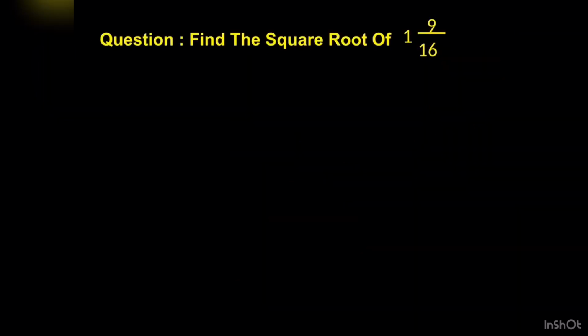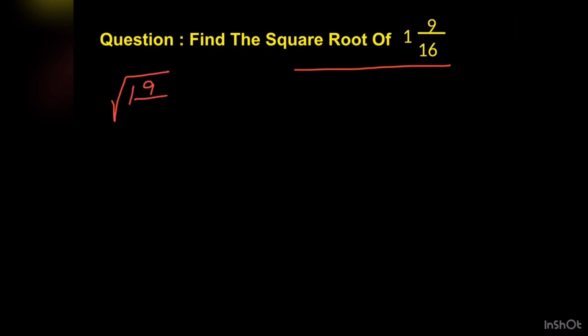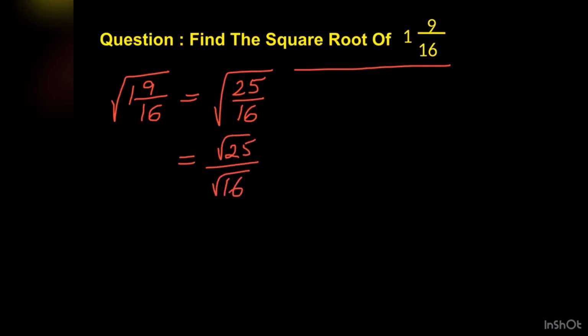Let us look at one more example. Find the square root of 1 9 by 16. Here we see that 1 9 by 16 is a mixed fraction. First we will convert this mixed fraction into improper fraction. We get 25 by 16. Now this is finding square root of a fraction. So we will write this as square root of 25 by square root of 16.